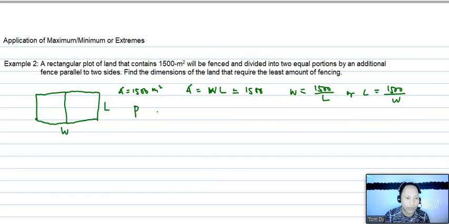Okay, so perimeter P equals, to find the perimeter of a rectangle land, we need to add all the length. So this one is length, length, length. So that is 3 times L. And then W, width, and then width, 2 plus 2 times the width.